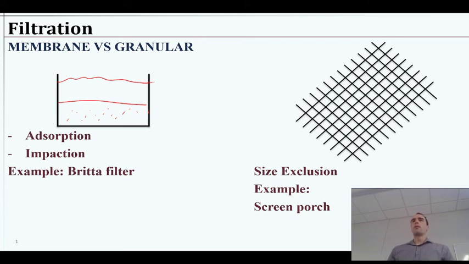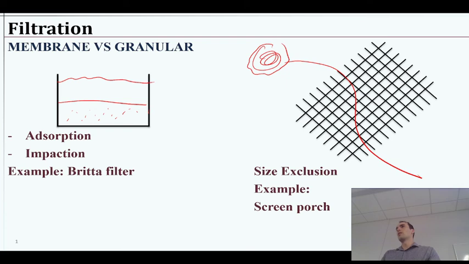Well, now we're going to talk about primarily size exclusion. If we get low enough, then there are some other principles in play aside from just size exclusion. But by size exclusion, I mean we have some particle, and we're going to pass it through a membrane, which is essentially a flat sheet. It's porous to some stuff. So for the water, or in the case of a screen porch and mosquitoes, it's porous to the air, not porous to the mosquitoes, right?